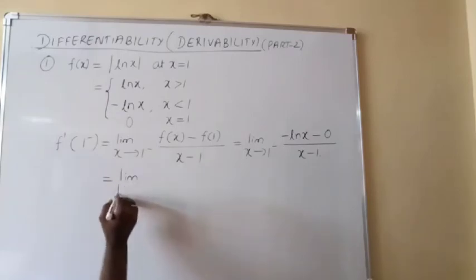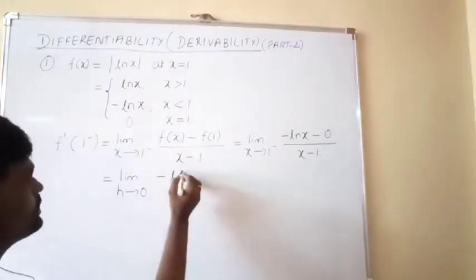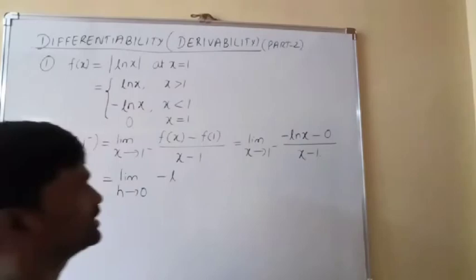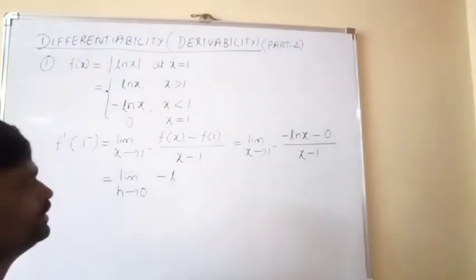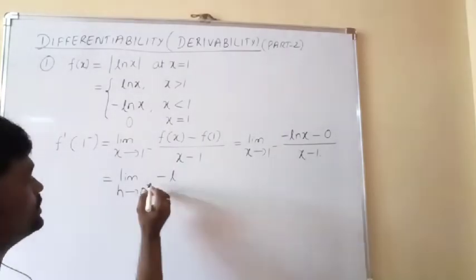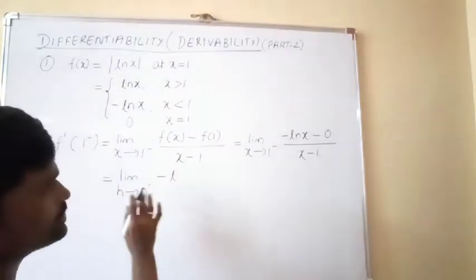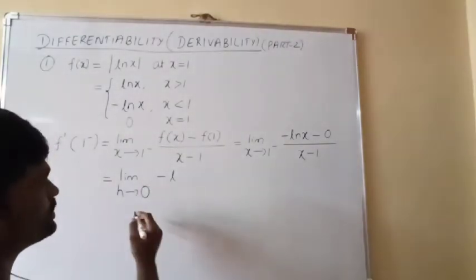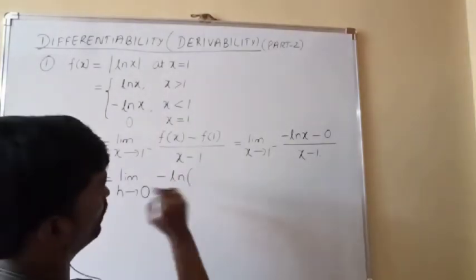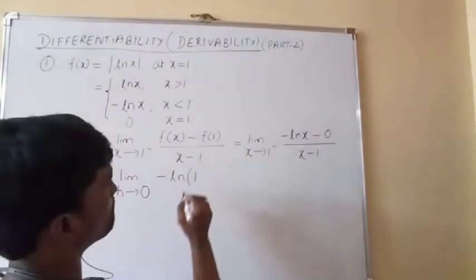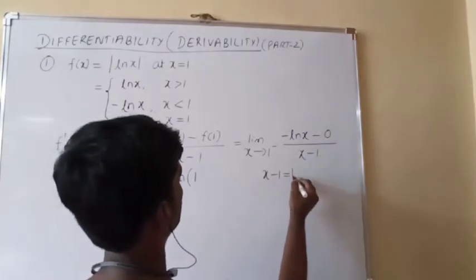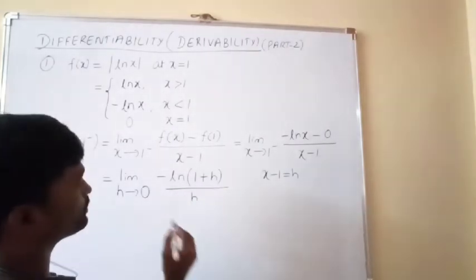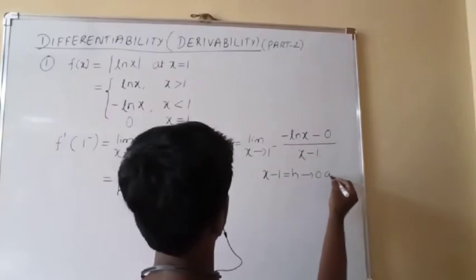Then the problem becomes limit h tends to 0 of minus log of 1 plus h divided by h, since h tends to 0 as x tends to 1 minus.